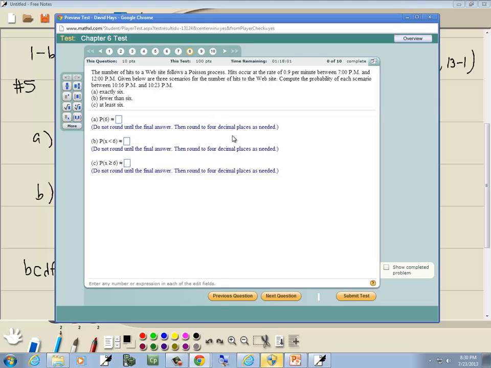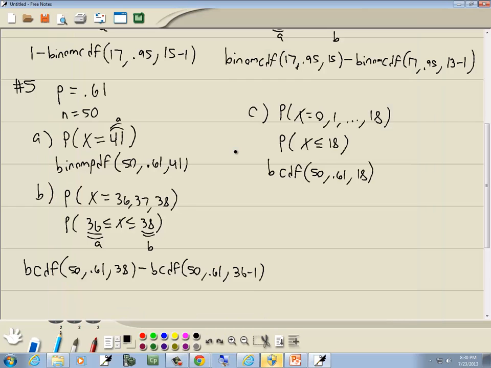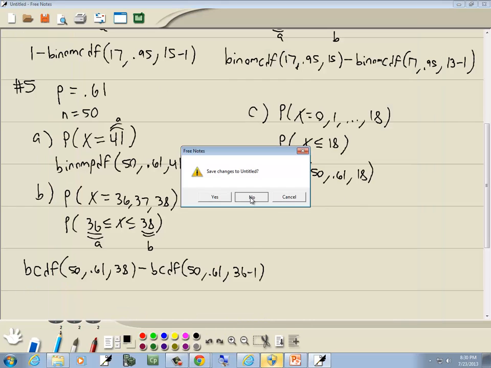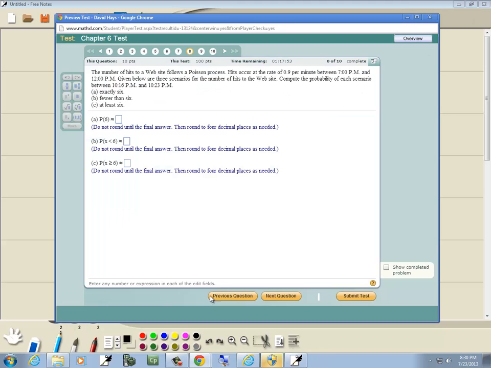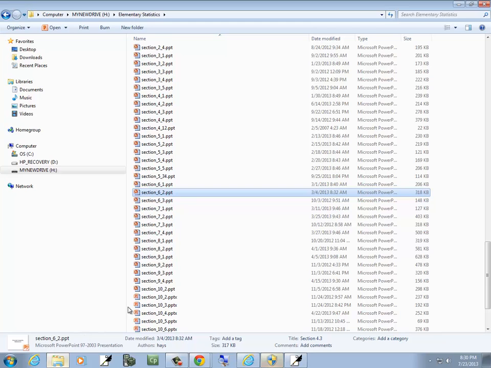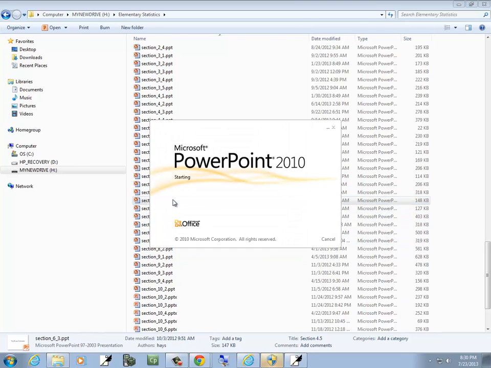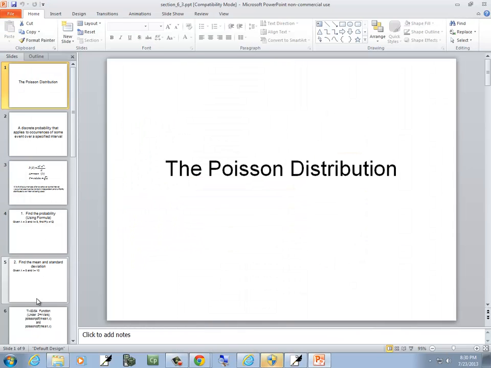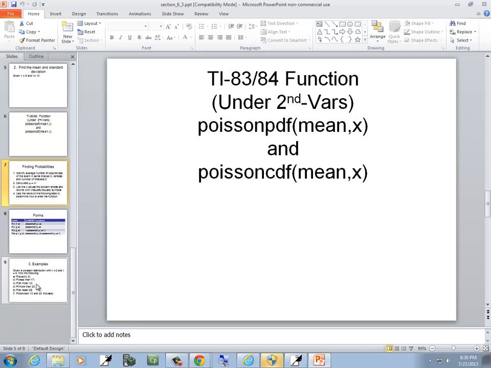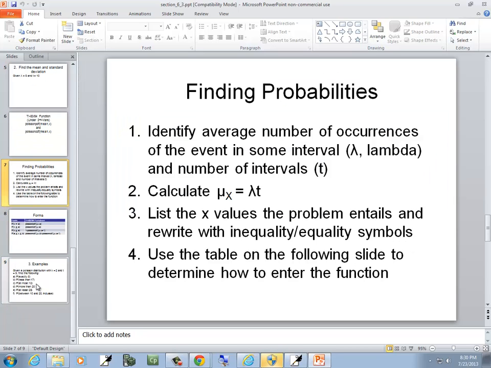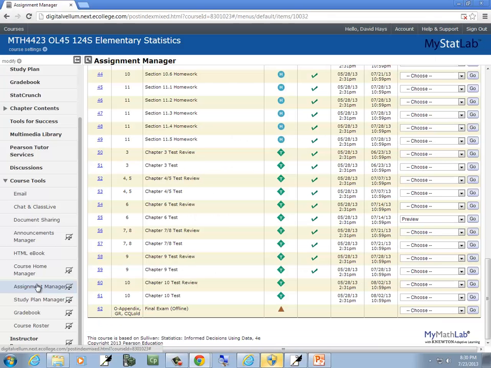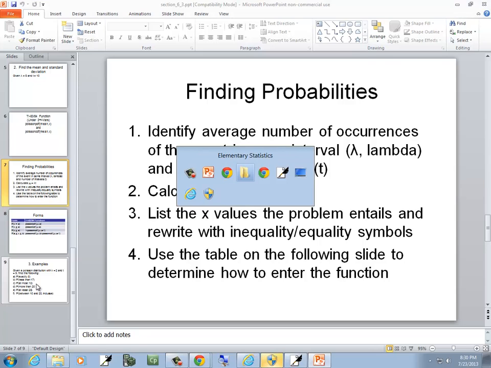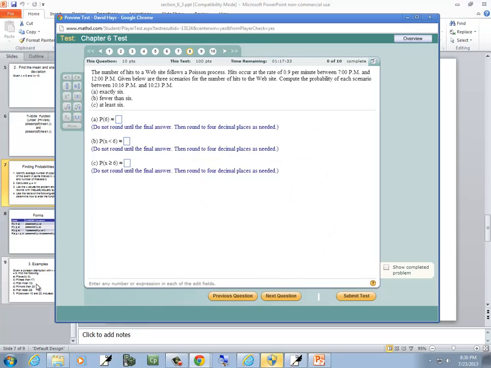So let's take a look at this one, and let me bring up the PowerPoint that goes along with that. These are out in our math help if you want to get a copy of it.